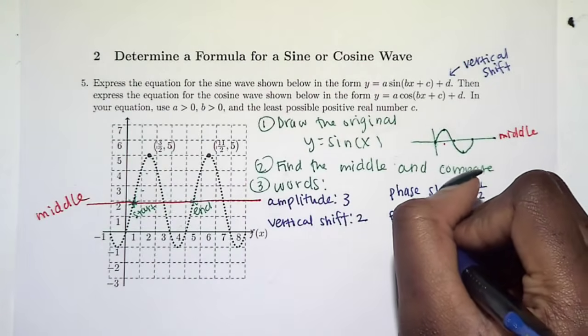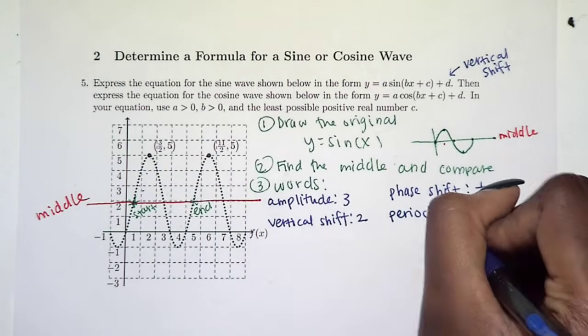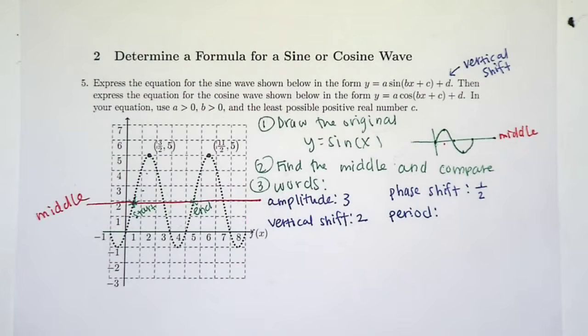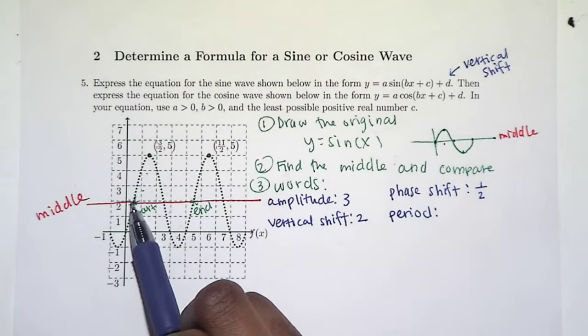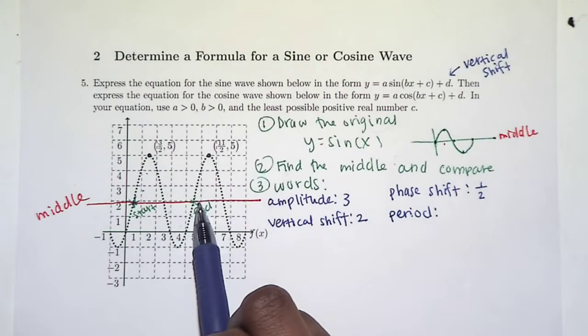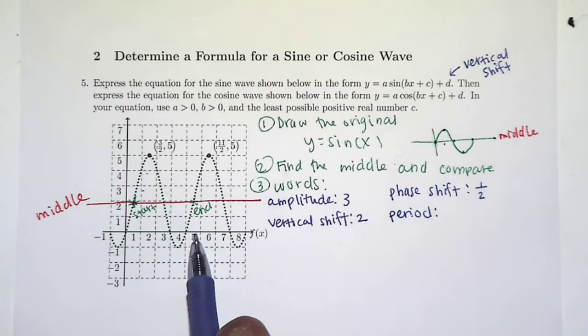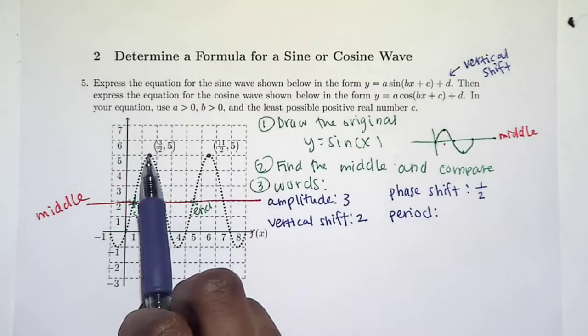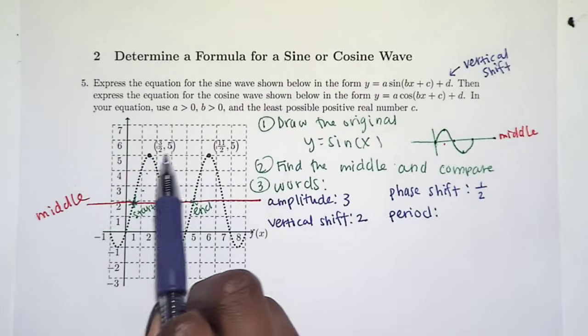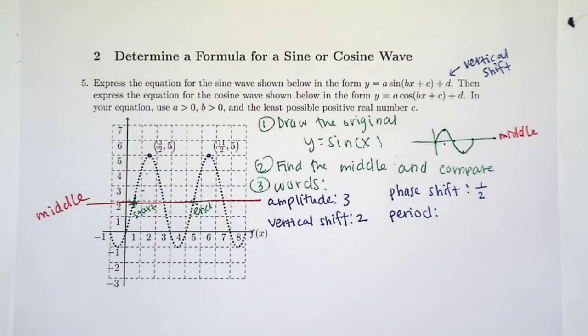And then finally, the period. So how long is one cycle? Well, we can just count how long from where it starts to end. So I can use these points, 1/2 and 9/2, or I can use these points because this is where it repeats as well, 11/2 and 3/2. All right, so we just want to do one complete cycle.